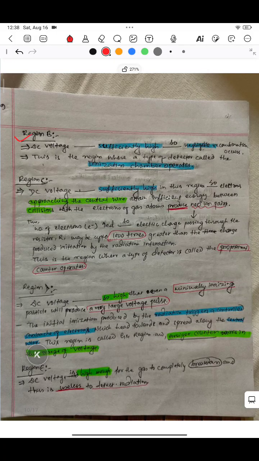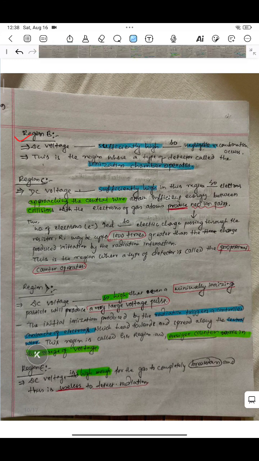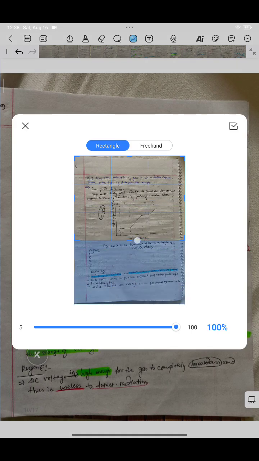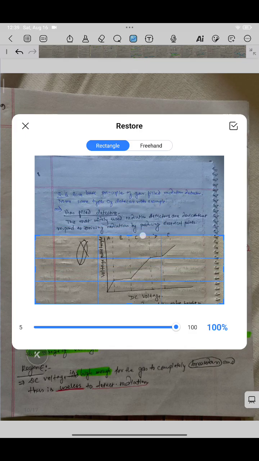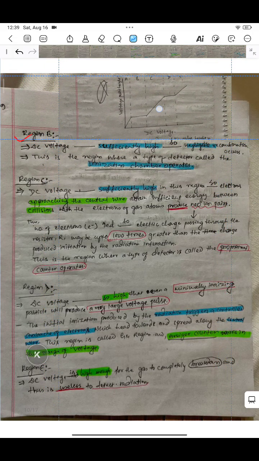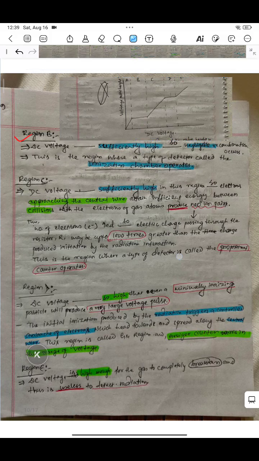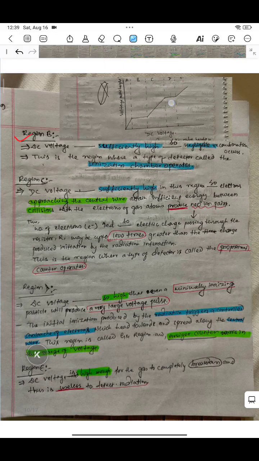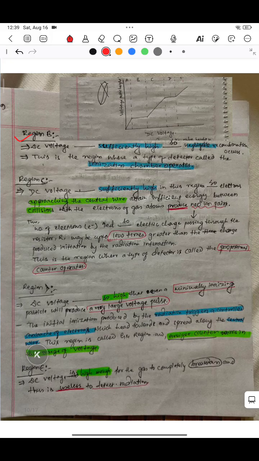Reason B, here the DC voltage is sufficiently high.